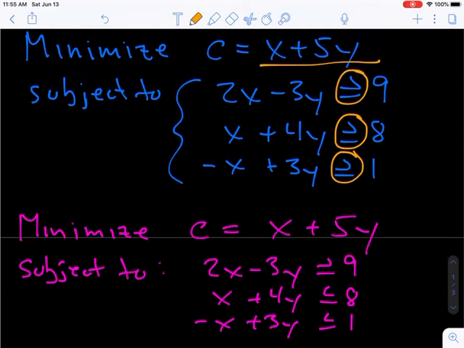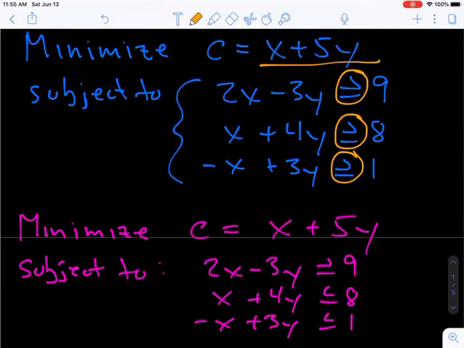So all positive terms in the objective function and all greater than or equal to. This is a standard minimization problem. Once we've determined that, we ask, how do I go about solving that? In this case, this is where you create the dual problem.